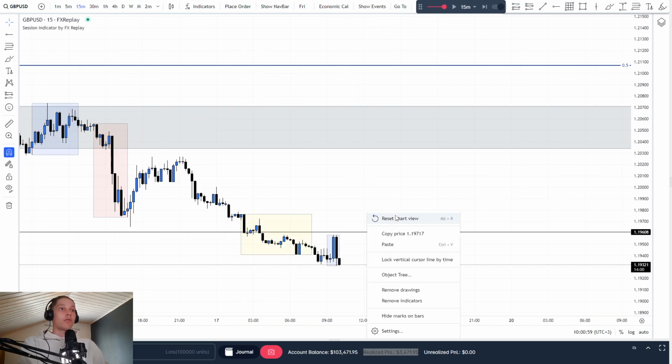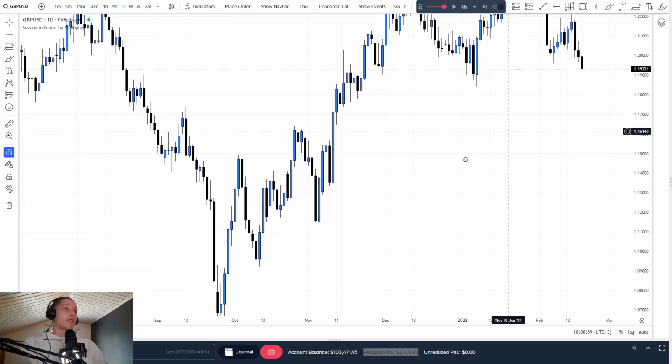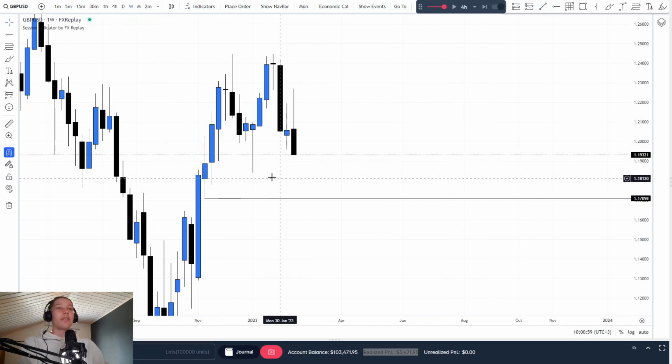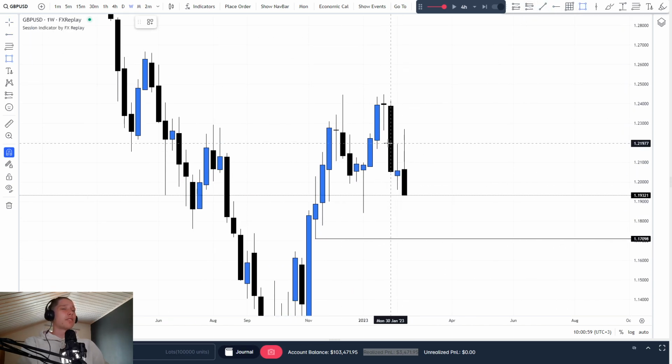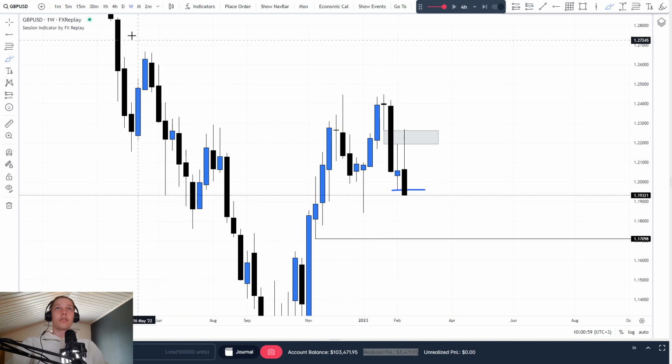Move to London session. Remove drawings. Coming down here, maybe. Especially when you took that ERL, ran for the external range. Now the next targets would be down here and down here.